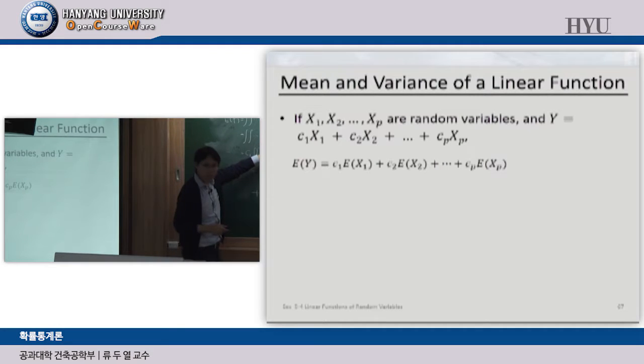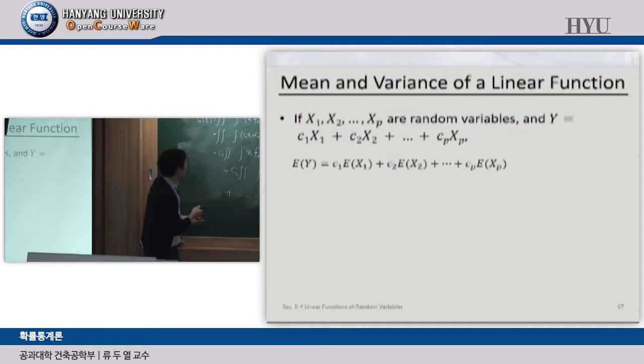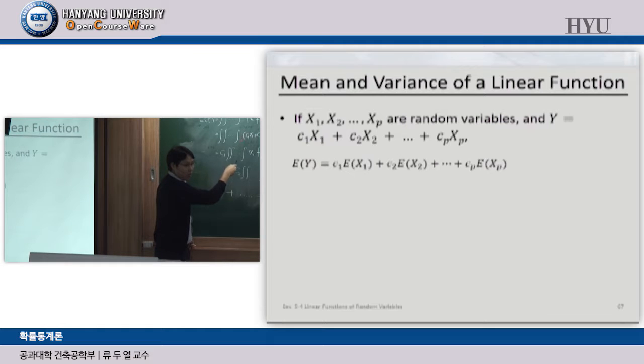Because this is a summation, we can have C1 x1 by the joint probability density function as one term, and C1 is a constant. So this is C1 by the integration of x1 by the joint probability density function, plus C2 by the integration of x2 by the joint probability density function. We can apply this up to Cp.